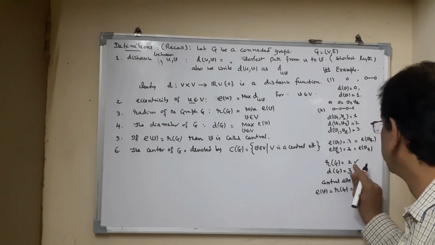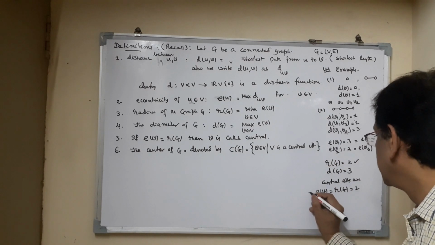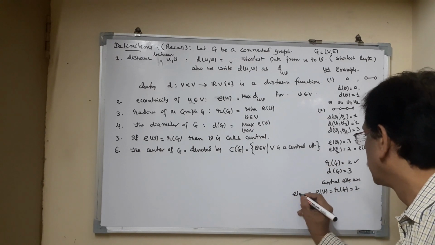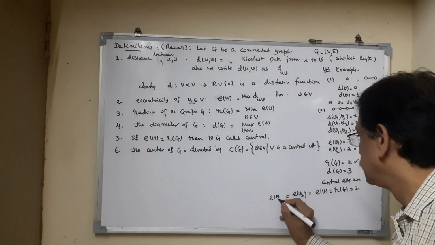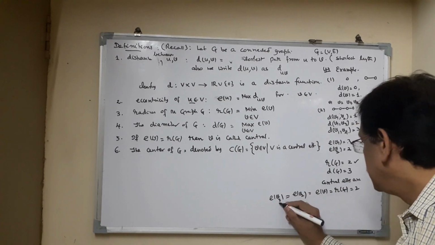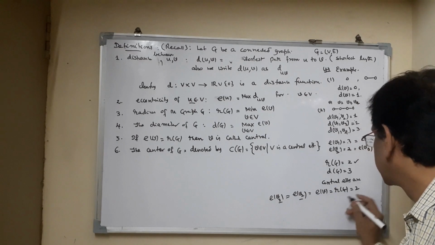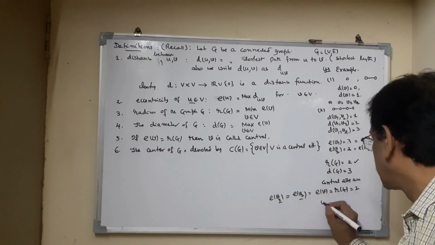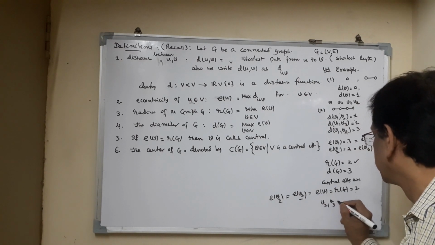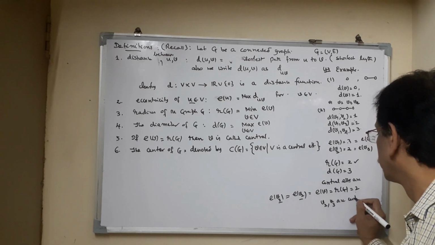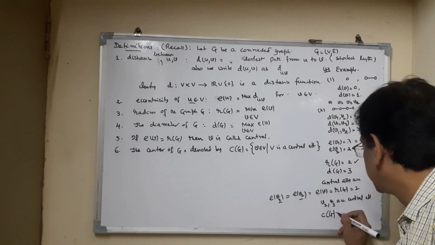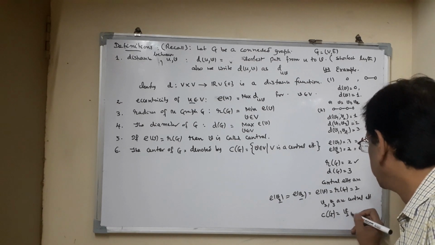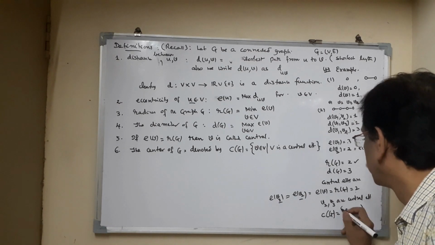But RG is 2, so EV2 is equal to 2 and EV3 is equal to 2. So V2, V3 are central elements. So what is the center of G? The center of G is simply V2, V3.